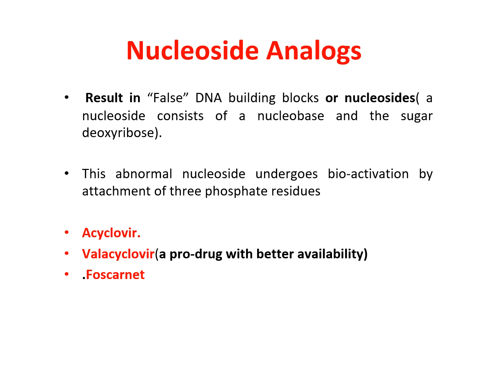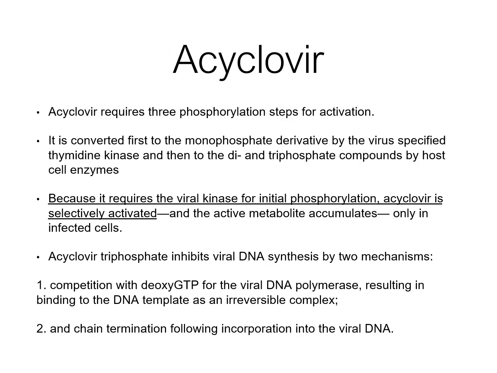With regards to their activation, we see that valacyclovir is a prodrug. It needs to be activated in the body for better bioavailability. Now, how are these drugs activated? For example, here we have acyclovir.